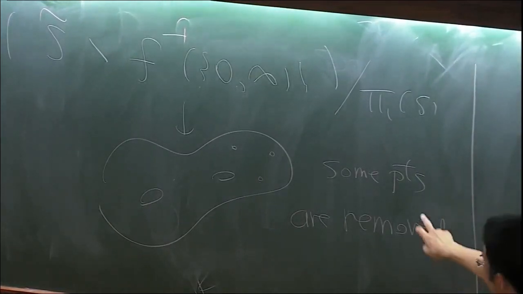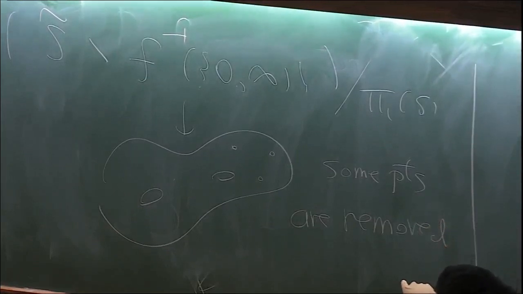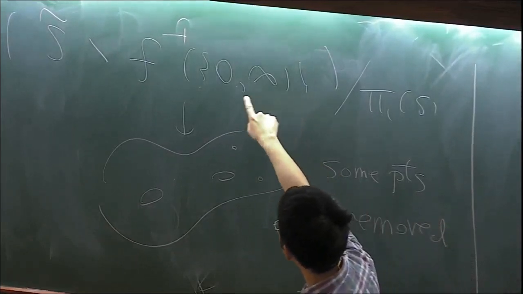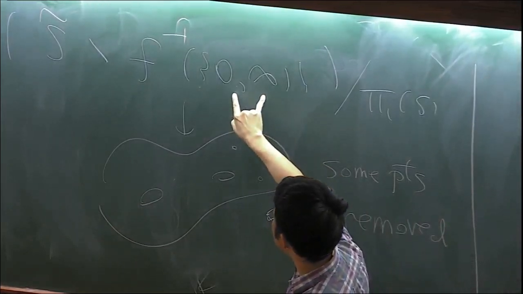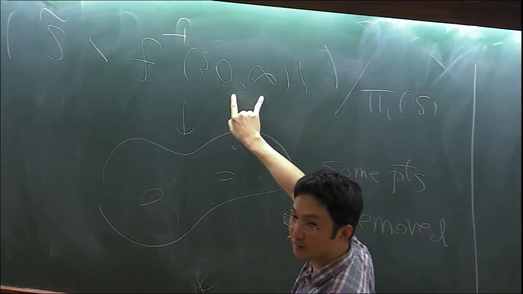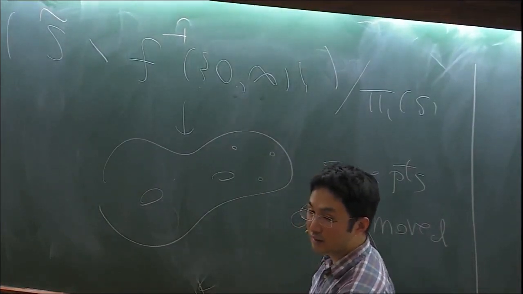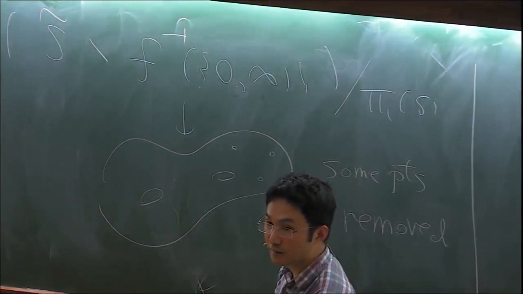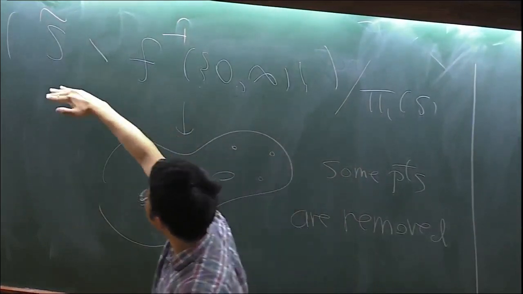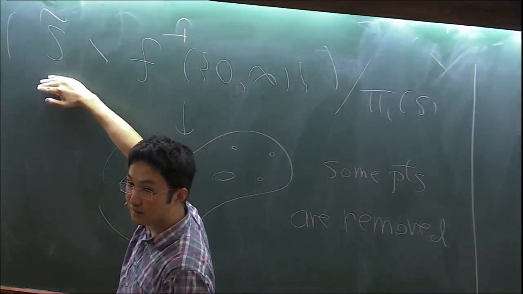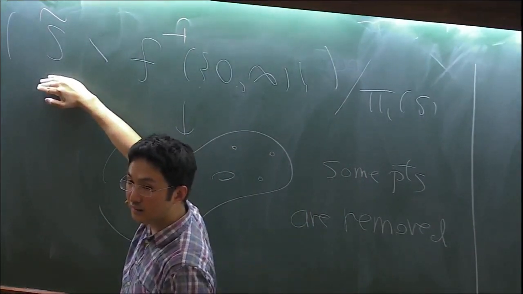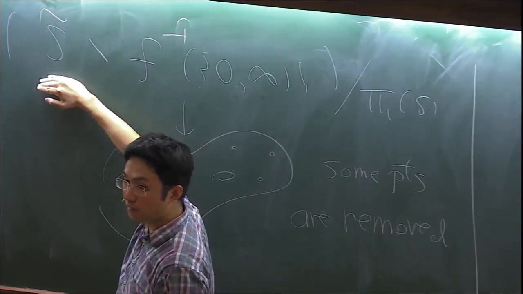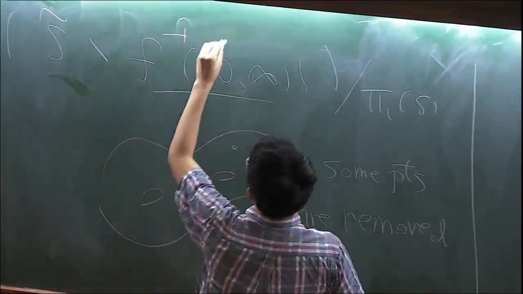What are the finitely many points? Oh, you just take the inverse image of those 2 points, and because the developing map is a local homeomorphism, the inverse image in the universal cover is a discrete set, and by equivariance those points are also pi1 invariant.